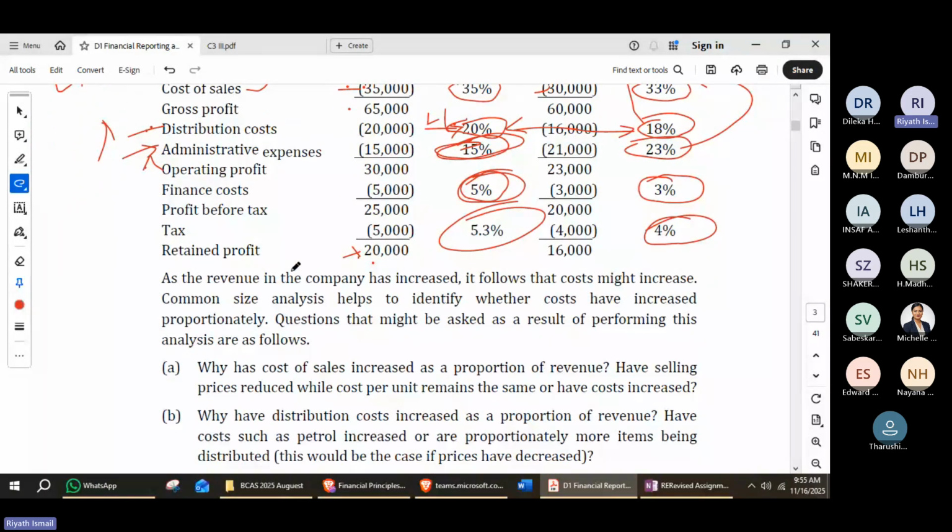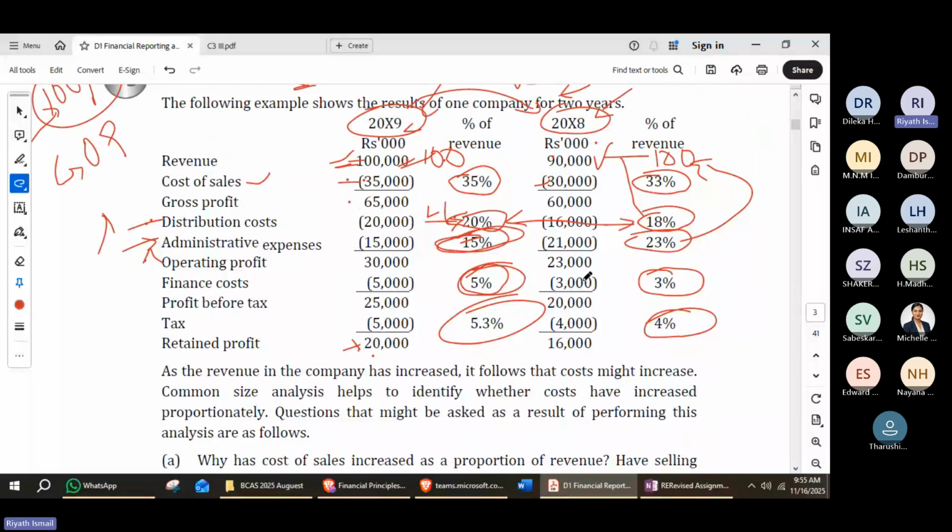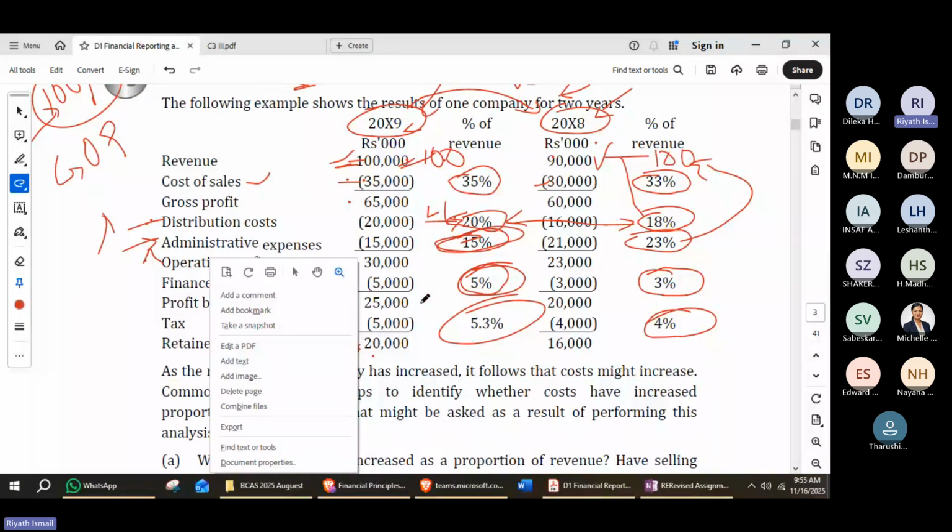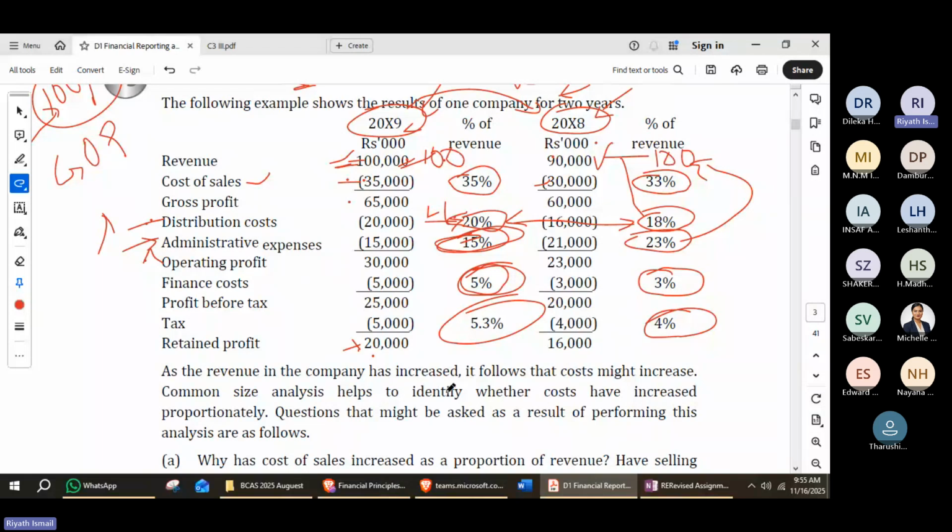As the revenue in the company has increased, it follows that costs might increase. Common size analysis helps to identify whether costs have increased proportionally. Here, sales increased by 2%, but profit increased by only how many percent?